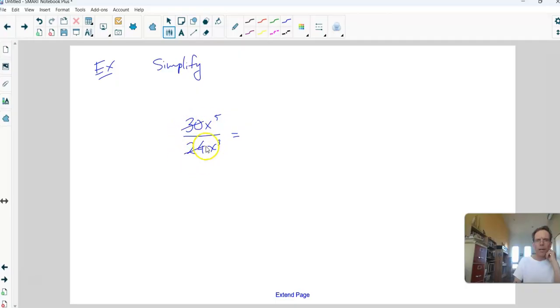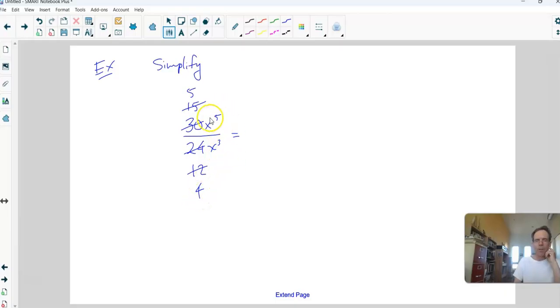So let's divide the top and the bottom by 2. That'll leave 15 and 12. Is there a common factor for 15 and 12? Sure, 3. 3 goes into 15 five times. 3 goes into 12 four times. And there's no common factor between 5 and 4. So we're done with the number part of it.